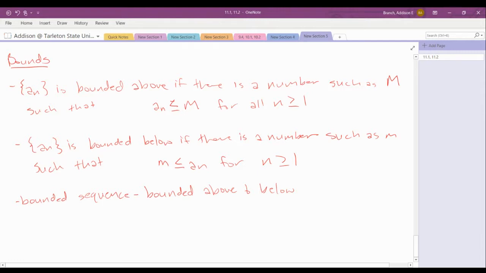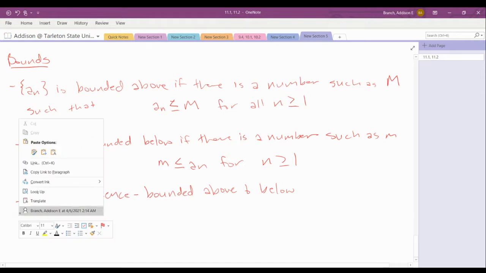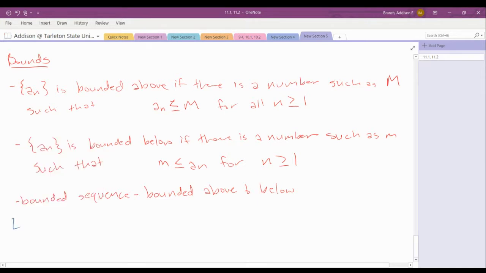Another theorem deriving from these two descriptors states that every bounded monotonic sequence is convergent.